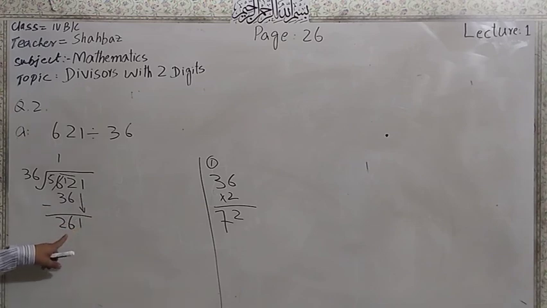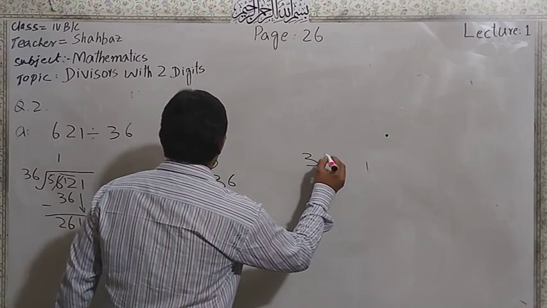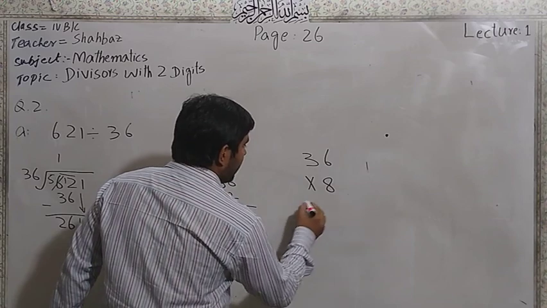You can see that this is 261. Now you will guess this. How many 36 are equal to 261 or less than 261? You will multiply with a greater number. Multiply by 8.